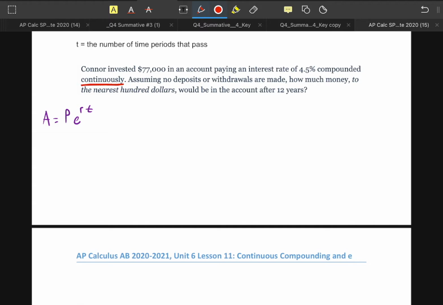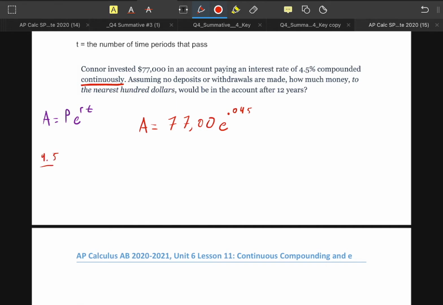And so if we fill this out, A is equal to P, that's 77,000, the starting amount. e is not a variable. It's the mathematical constant e, like pi. It's a real number. To the power of 0.045. So that 0.045 is 4.5 divided by 100.